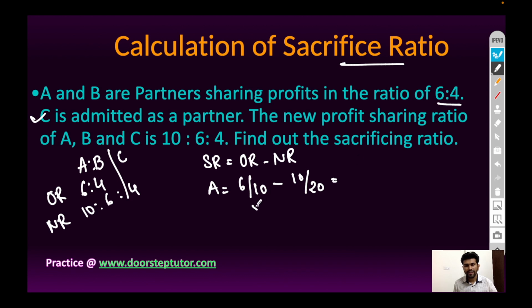Now to get the same denominator, we have to multiply this by 2 and this by 1. So 6 multiplied by 2, 12 minus 10 divided by 20, 2 by 20.